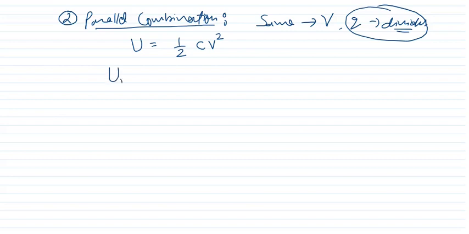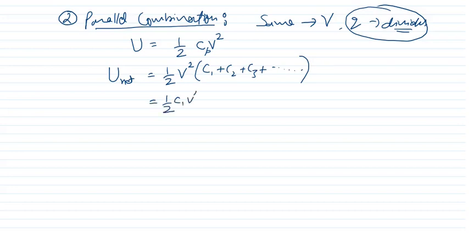So therefore U net will become 1 by 2, because V is constant, it will be same, and here C is C equivalent, and this is a parallel combination, it will become CP. But CP was equal to C1 plus C2 plus C3 and so on. So therefore it will become 1 by 2 C1 V square plus 1 by 2 C2 V square plus 1 by 2 C3 V square and so on.